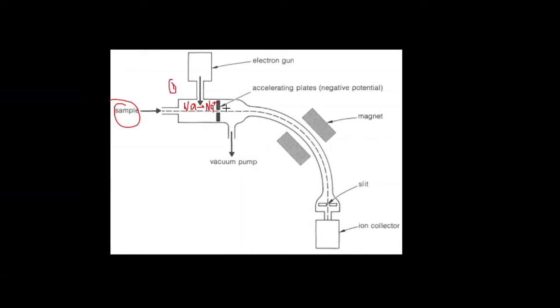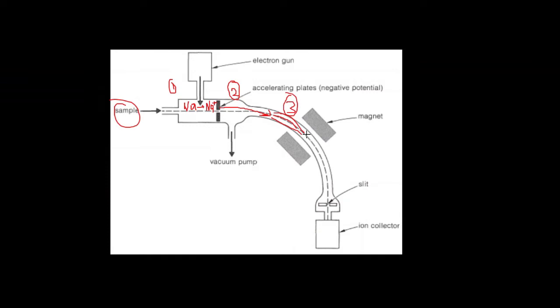Then process number 2 is the sodium ion being accelerated through this tube, which is called acceleration. Our third process is when it runs into this magnet, and based on the atomic mass, the charges may vary, causing different isotopes to go on different sections of this little tube here, and that is called deflection, which is process number 3.